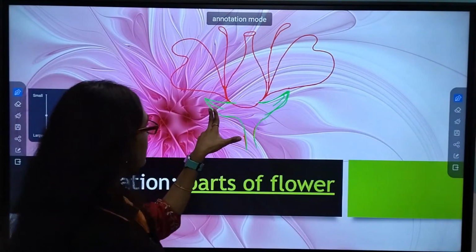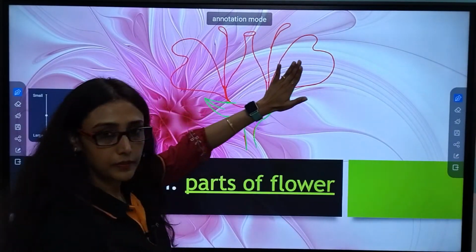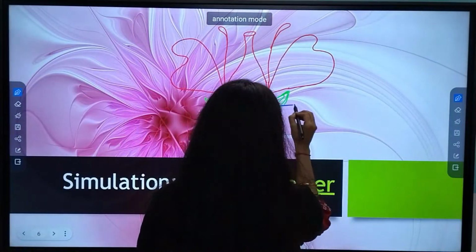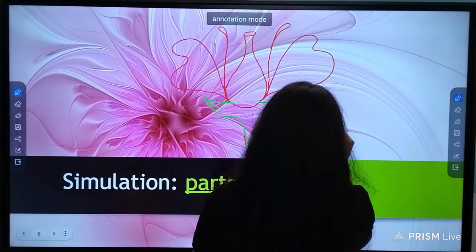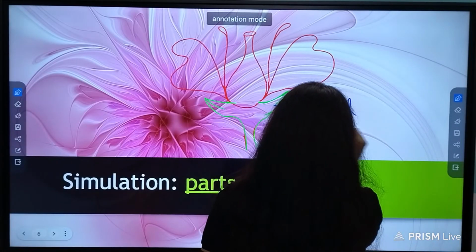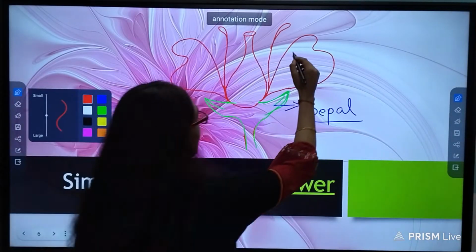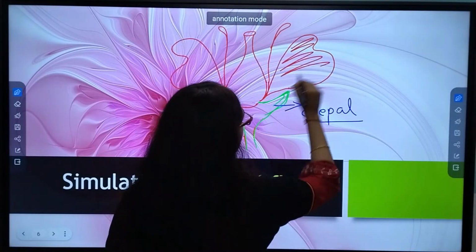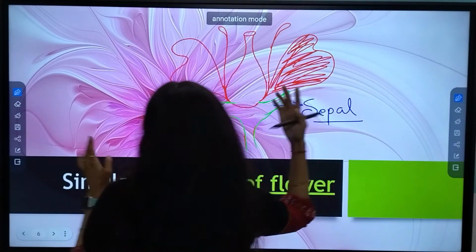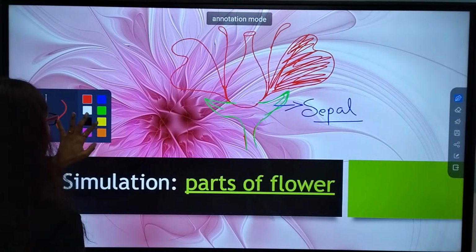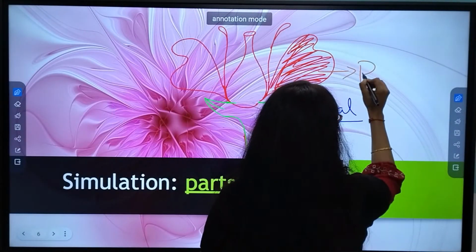Now, this green leaf-like structure emerging from the lower part of the plant is known as sepal. And this colorful part of the plant, which is bright red in color and the most attractive one, red or some other color, is known as petal.